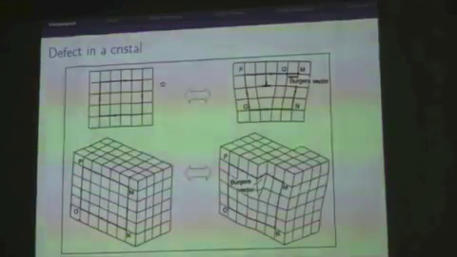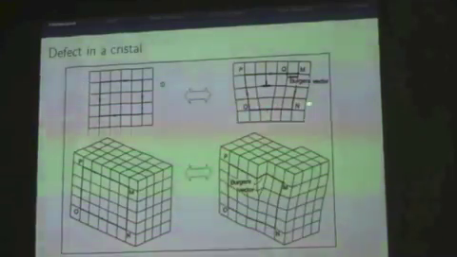This dislocation can be seen when you ask somebody to make some steps, for example from the bottom to the top. If this guy makes four steps, he goes from Q to P, and if he makes four steps from this situation, he goes from N to M.